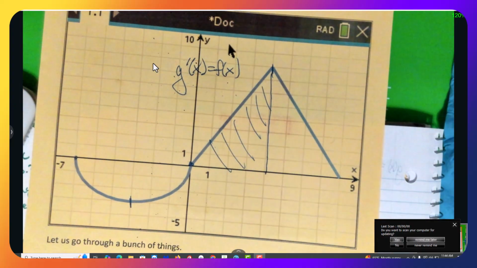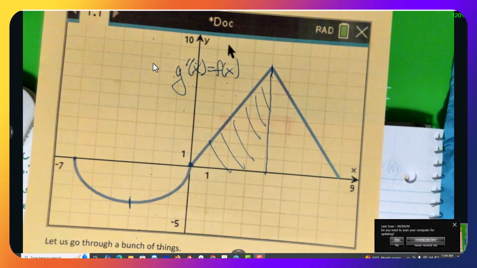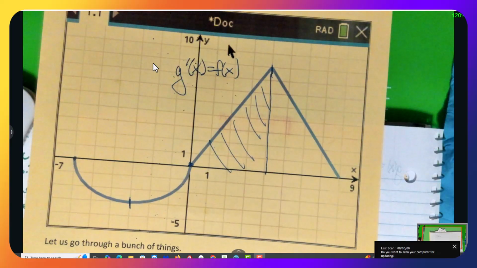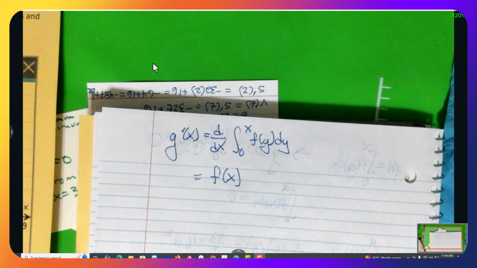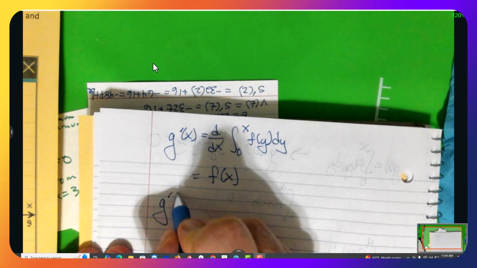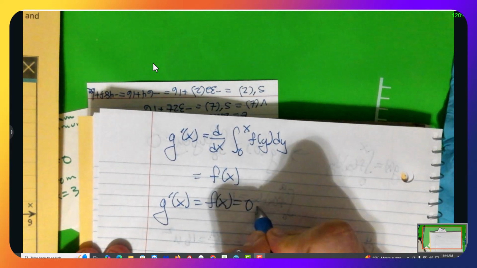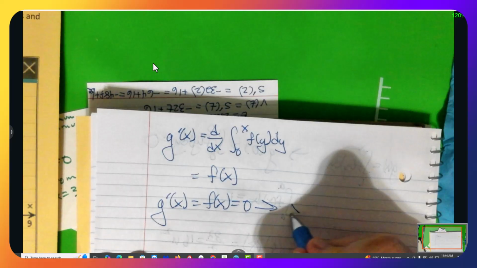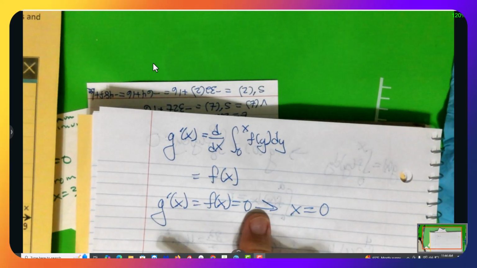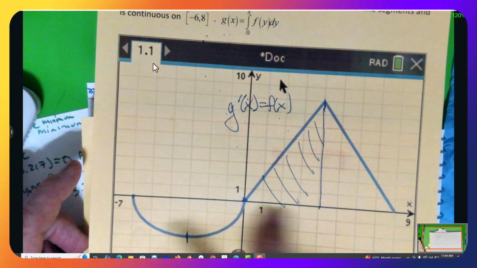When I look at this, do you see any breaks in that graph? No, I don't. So g prime exists everywhere in the domain. So I need to find zeros. So g prime of x, which is f of x, equals 0. Oh, x is 0. Why? Because I read the graph.